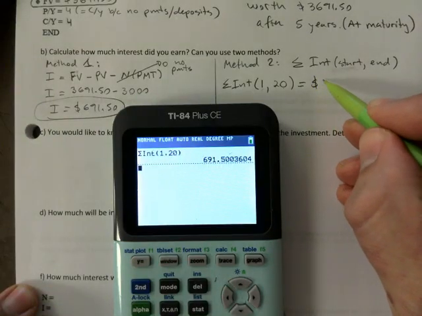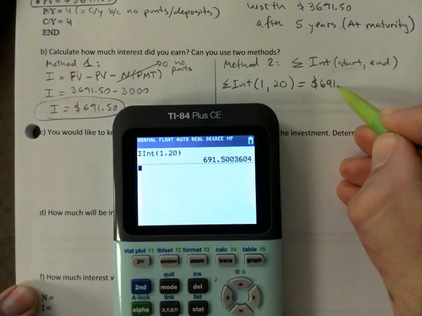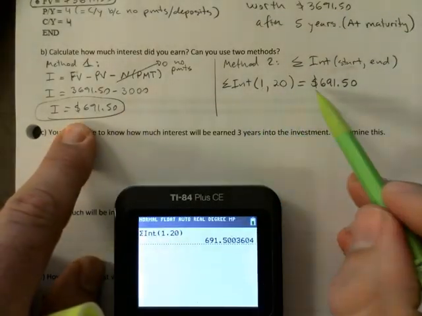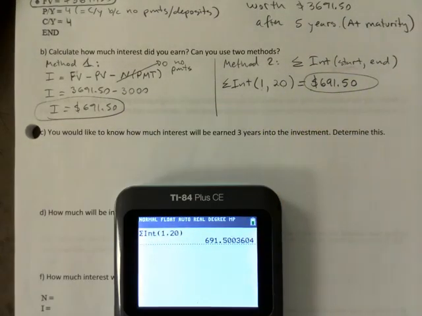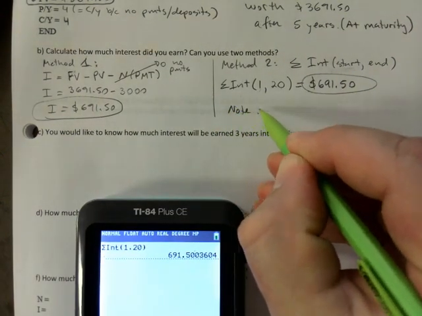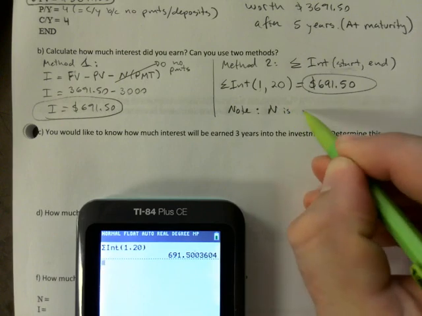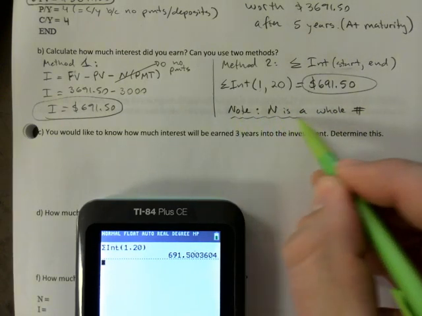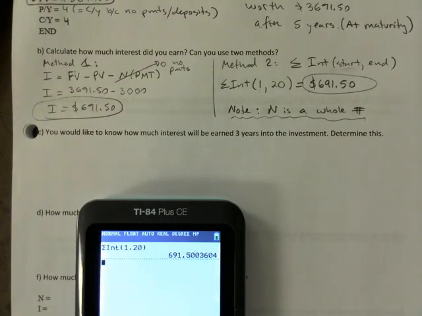Sometimes this is off by just a little bit. But both of these methods are valid methods of figuring it out. Note, n is a whole number. Okay, that's why this worked. It won't always be.